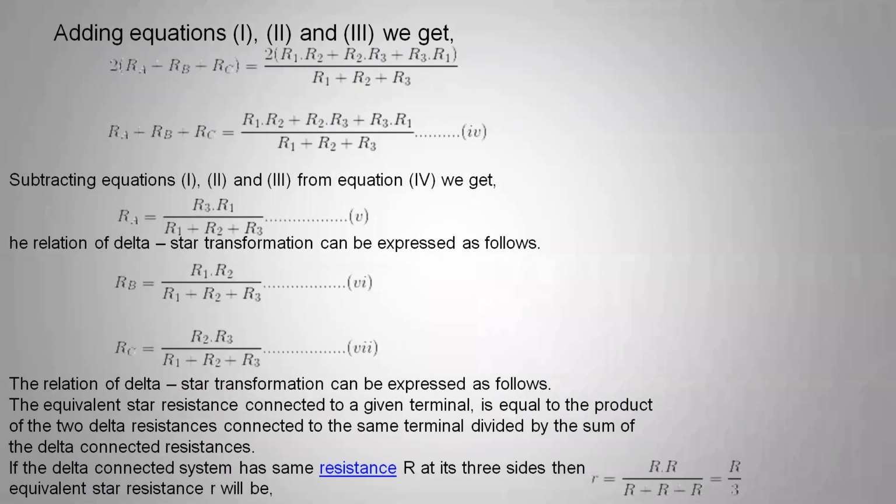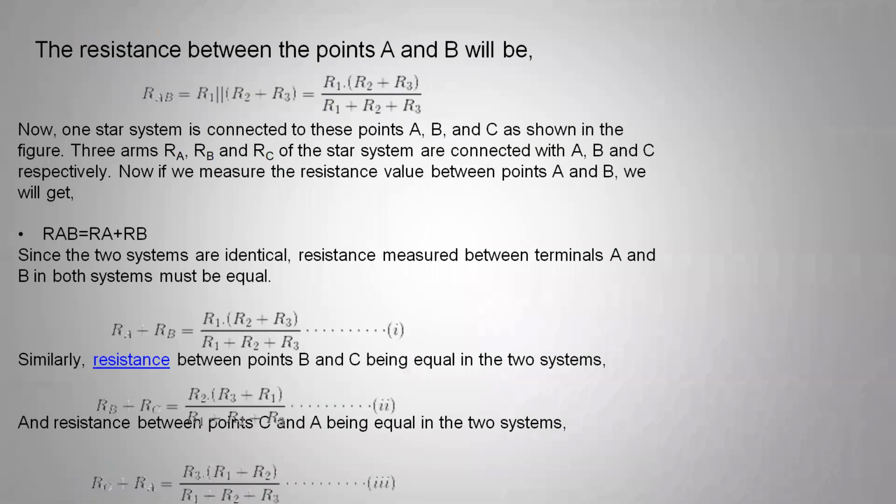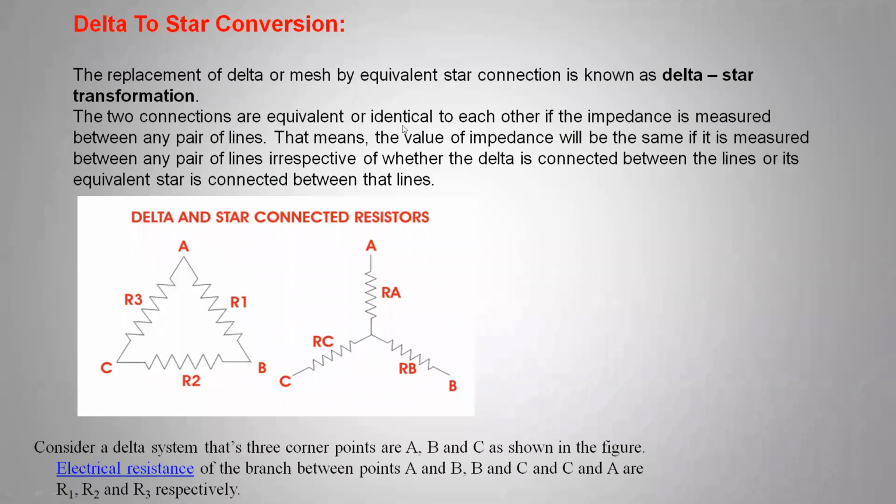All of you see this figure, the resistance between A and B. So in the star network, what is the resistance between A and B? What is RAB? In the star conversion, this is RA and this is RB, so RAB.